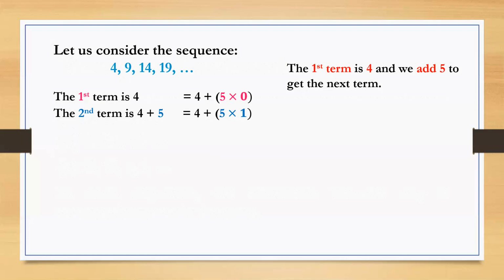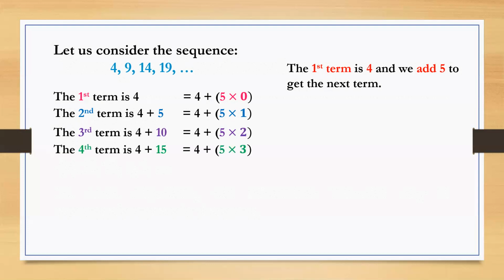The third term is 14, which is written as 4 plus 10 or 4 plus 5 times 2. The fourth term is 19, which is written as 4 plus 15, which is also equal to 4 plus 5 times 3.